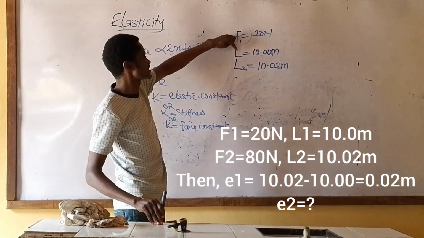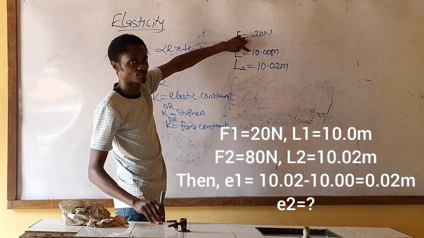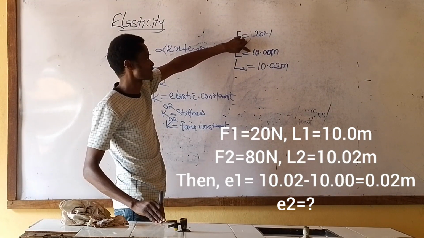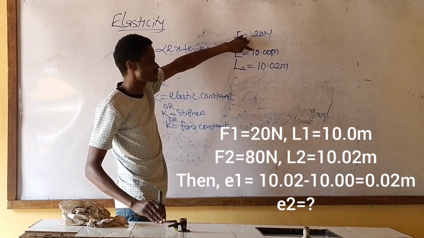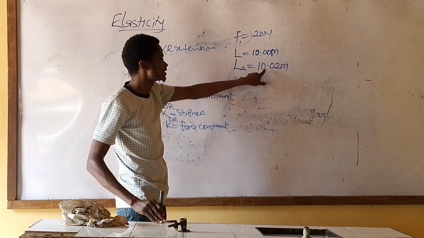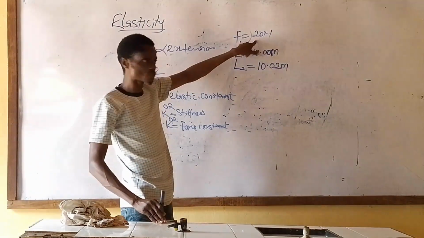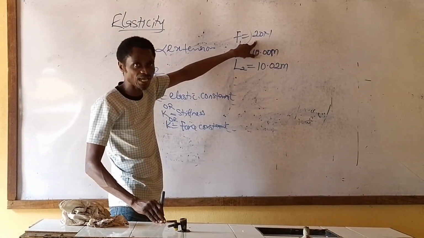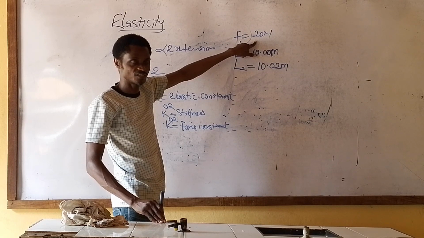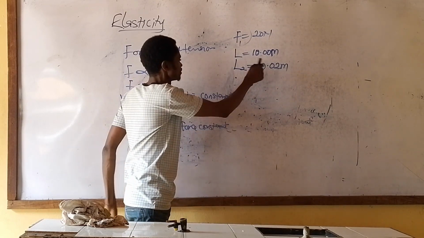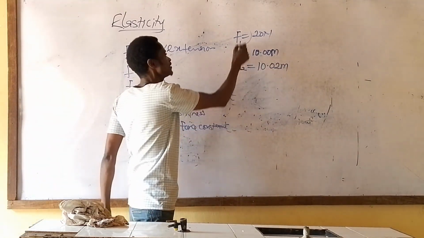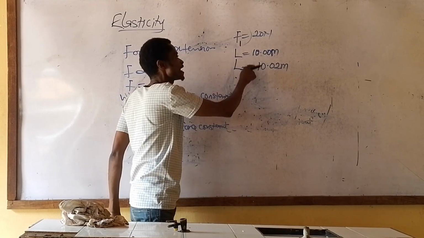So this is the initial length, the original length of the material. But this length is extending to 10.02 meter if a force of 20 Newton is applied. Are you getting me?